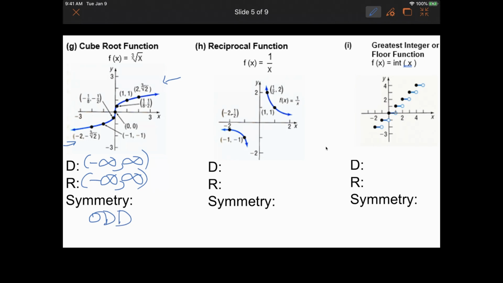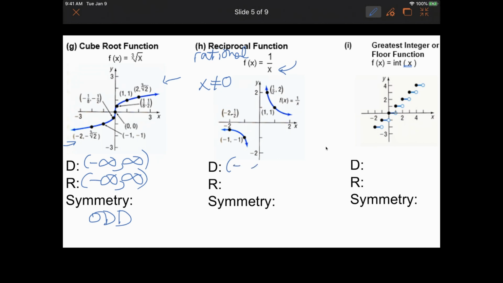Okay. We should know this is a reciprocal function. Some of you may know it as a rational function. You can see it's a fraction, so we know that the domain cannot equal 0. Now, how do I write that? This is going to be a little different. We've never done this in interval notation before. So I'm saying it can be everything except just one number.